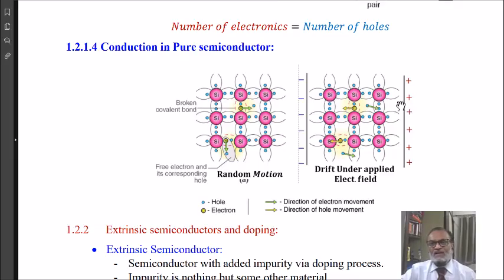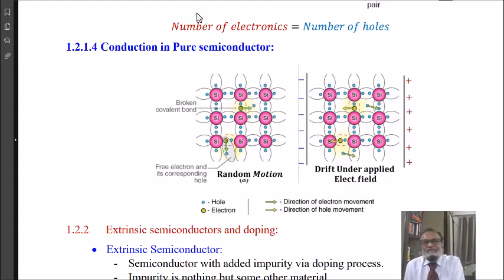So, electrons are attracted towards the positive terminal of the external source, and holes are moved towards the negative end of the external source. And therefore, the current is established in the semiconductor specimen.